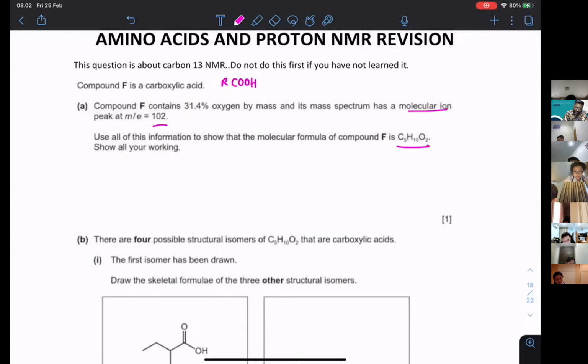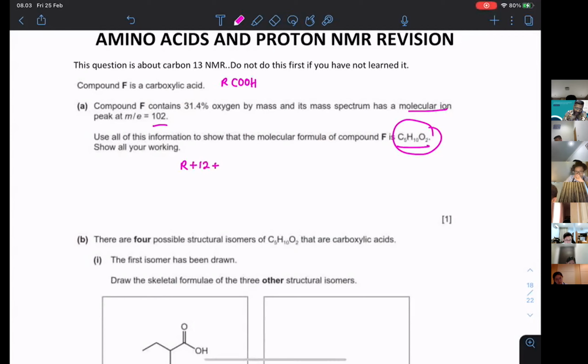RCOOH, to show the molecular formula is C5H10O2. Show all your working. So what I can do now, maybe I'll try first. I'll just put, I do not know what is my R. And then I put the C is going to be 12.